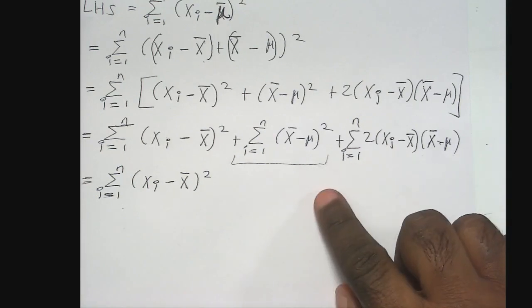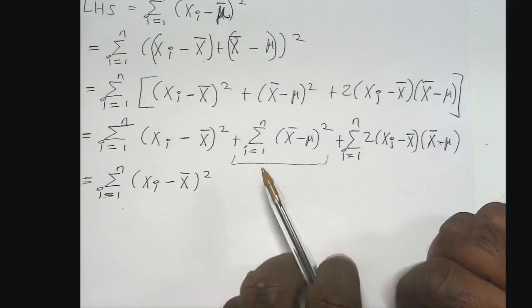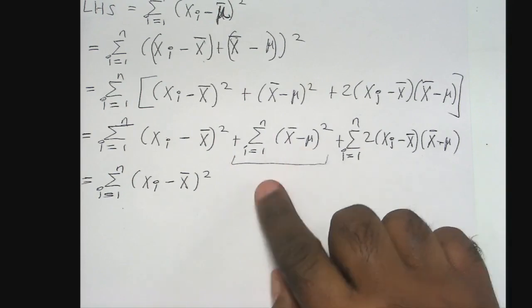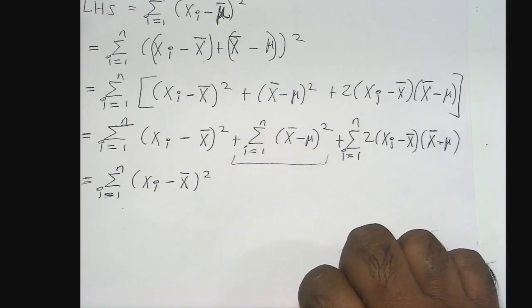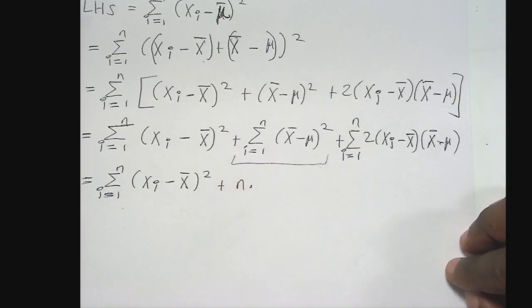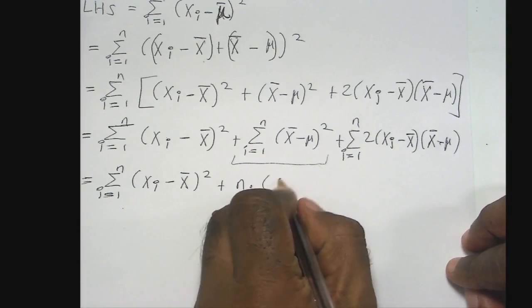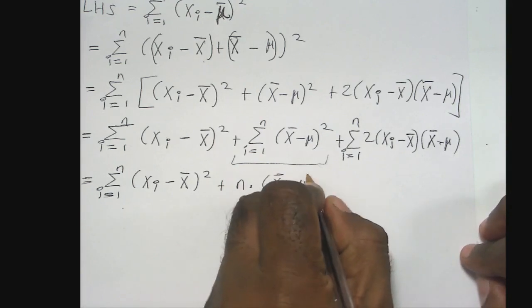N times x bar minus mu squared. Yeah, exactly. Because you are summing a constant from i equal to 1 to n, and summing a constant from i equal to 1 to n is simply n times the constant. So it's n times x bar minus mu squared.